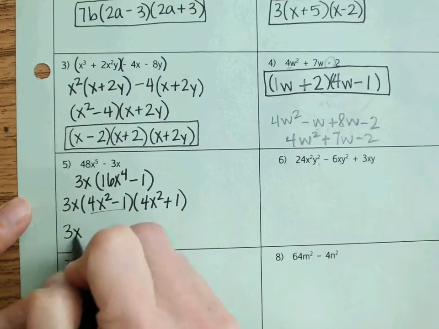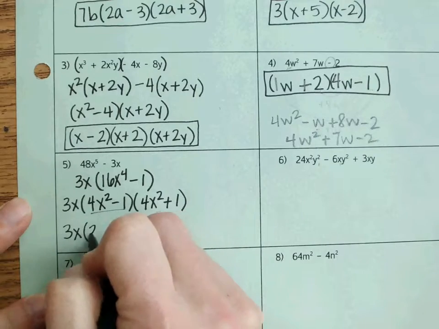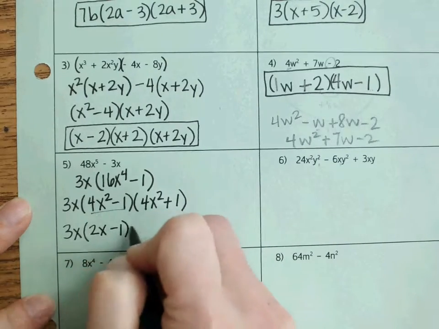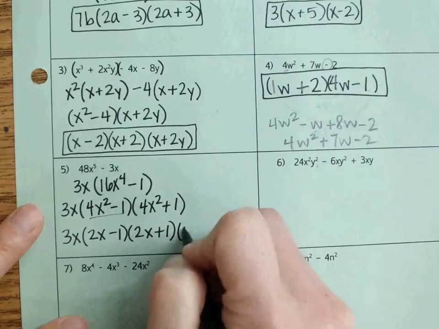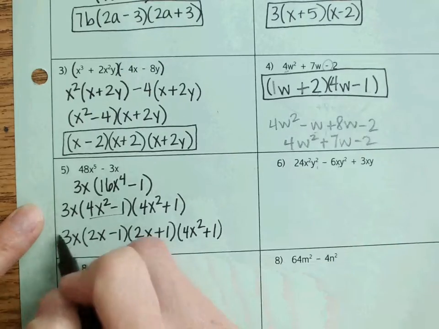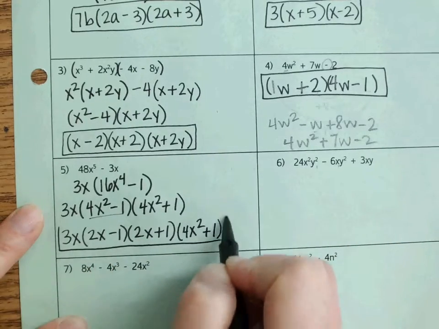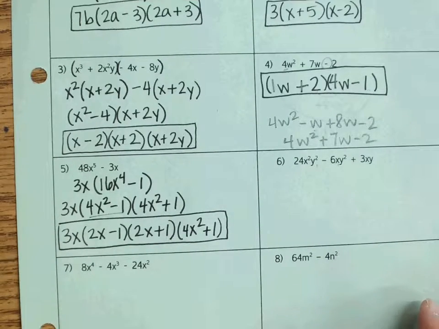So let's drop down that 3x. And like I said, the square root of 4x squared is 2x. So I have 2x minus 1, 2x plus 1, and then the 4x squared plus 1 still gets dropped down. And so this is the final answer for number 5.